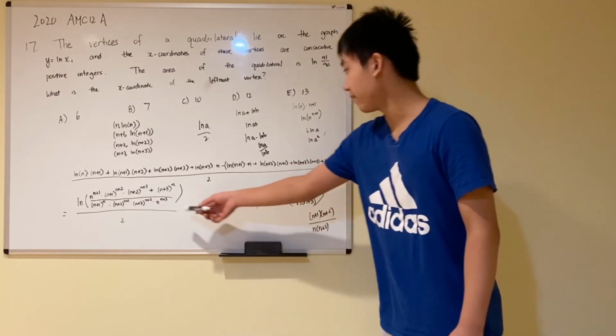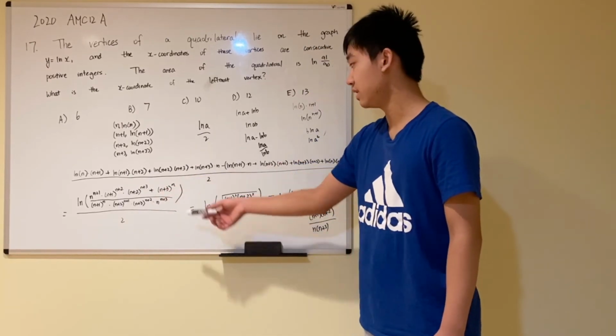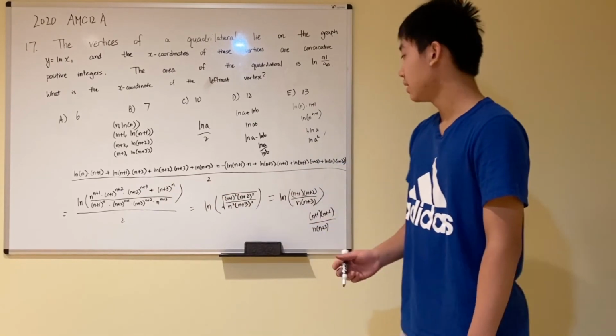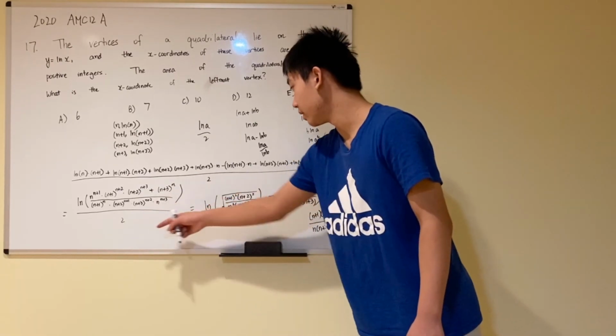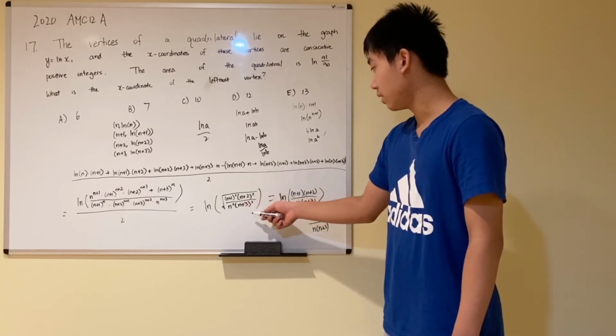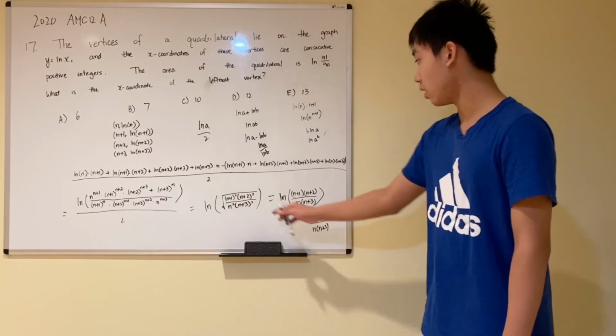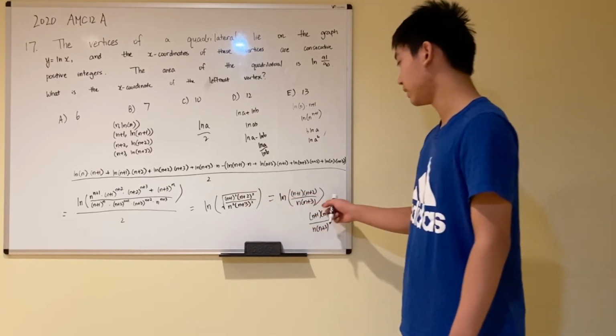To get the numerator from here to here, I simplified these exponents and canceled some terms. Conveniently, every one of these terms is squared and I have a square root over them, so all these squares cancel, and I'm left with this.